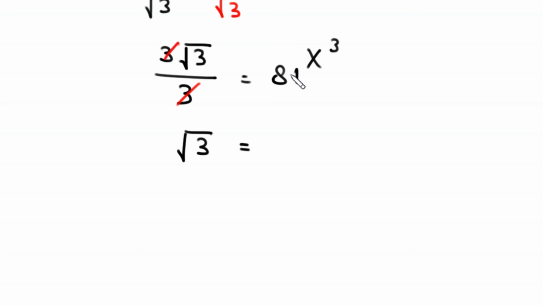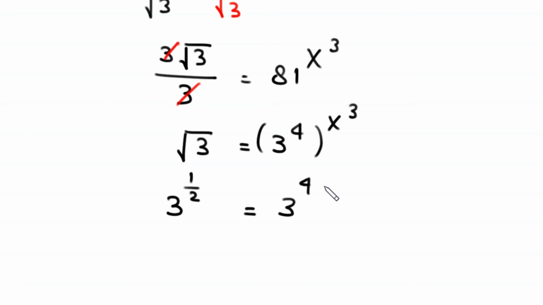Equal to this 81, which can be written as 3 to the power 4, whole to the power x cubed. Next, root 3 can be written as 3 to the power 1 over 2, equal to 3 to the power 4 whole power x cubed, which can be written as 3 to the power 4 times x cubed.